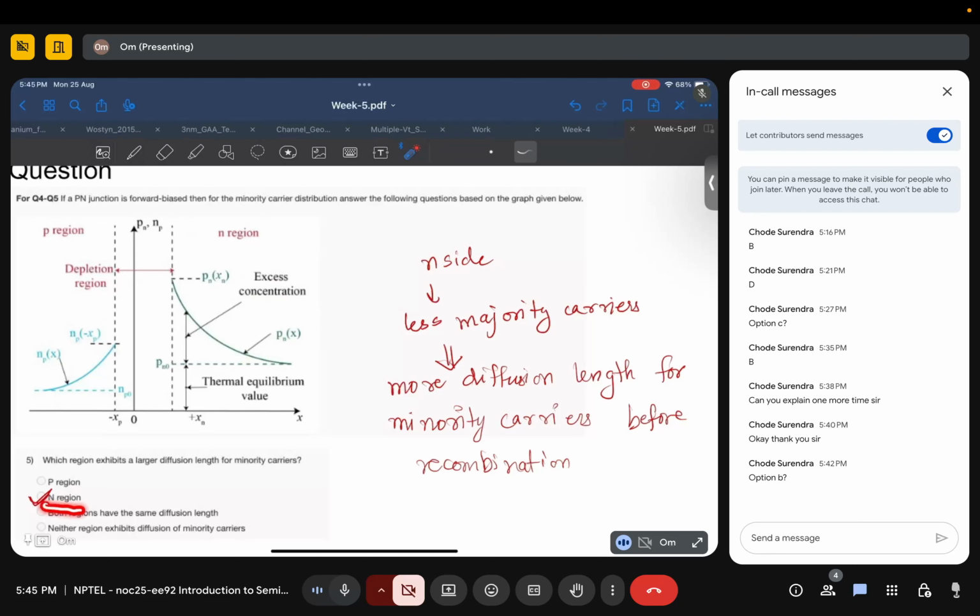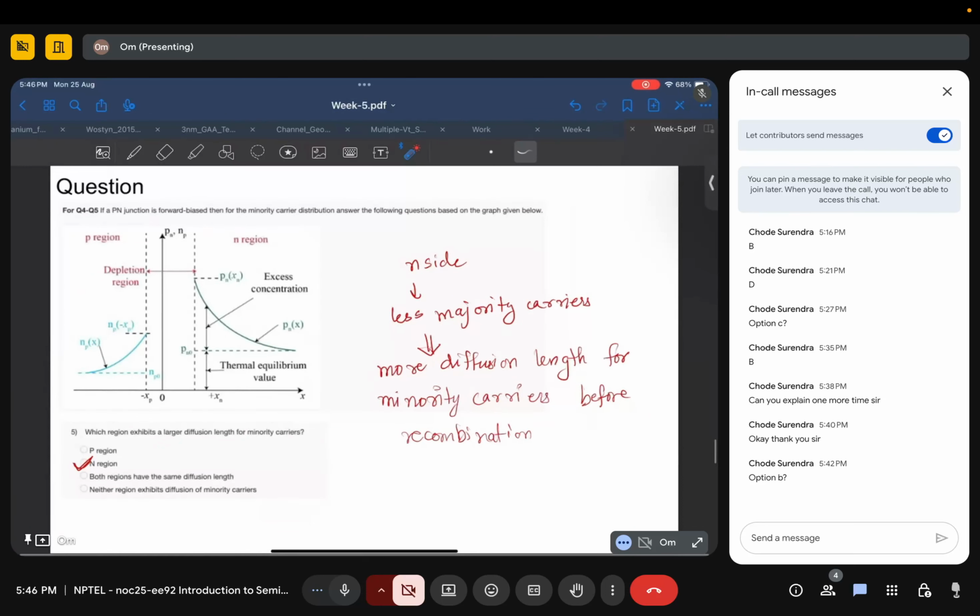That's why N region will exhibit a larger diffusion length for minority carriers. All right, next question.